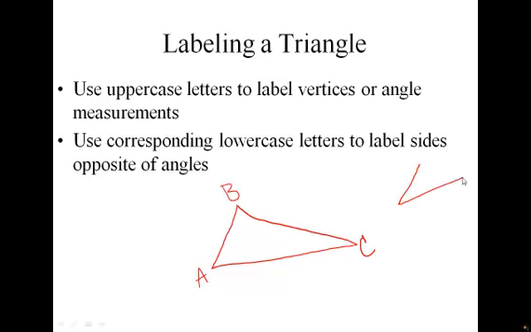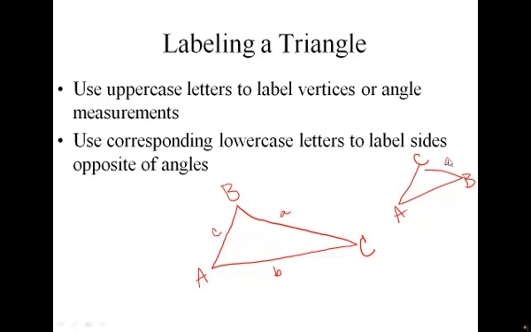But the idea is you have to use corresponding lowercase letters to label the sides opposite of the angles. So this side needs to be labeled very specifically little b, because it's opposite of big B. This side would be c, and this side would be a, because they are the opposite sides to those angles.